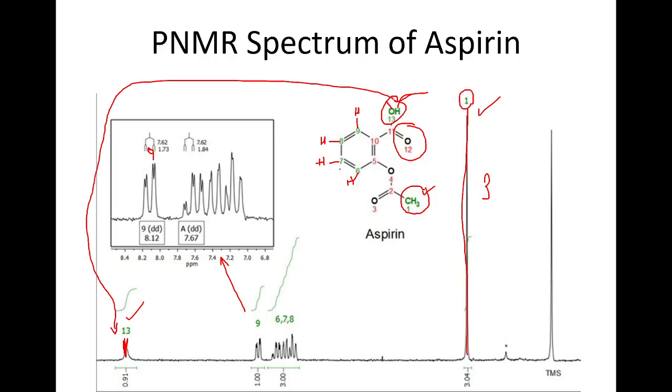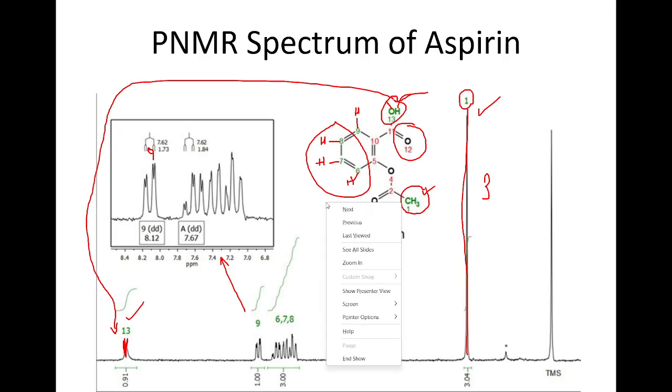Because look, 6, 7, 8, they are not close to any electronegative atom. They are close to the benzene ring.